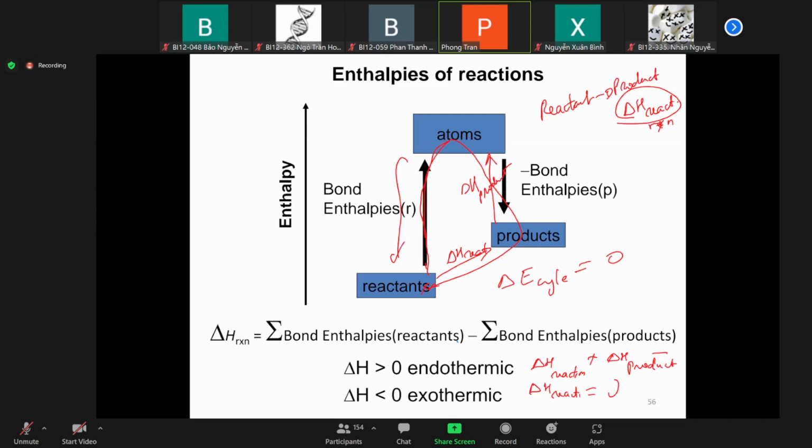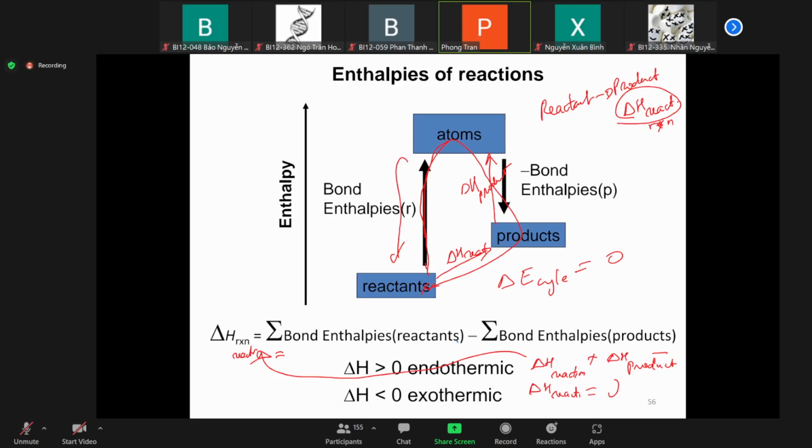So from that you can have this equation where the delta H of reaction equals the delta H of the reactant minus delta H of the product. Can you see it?